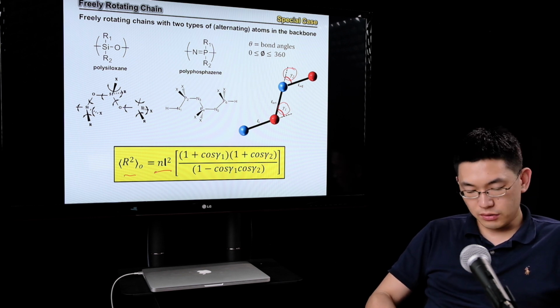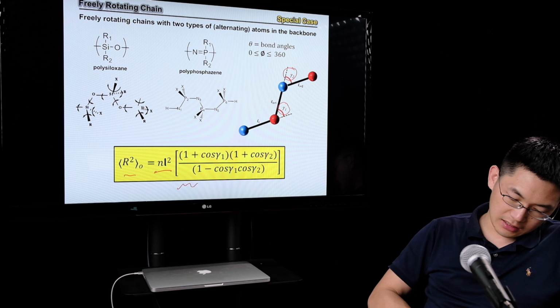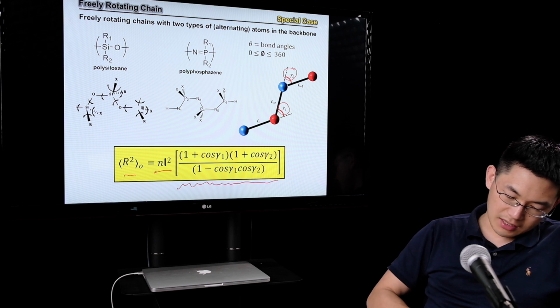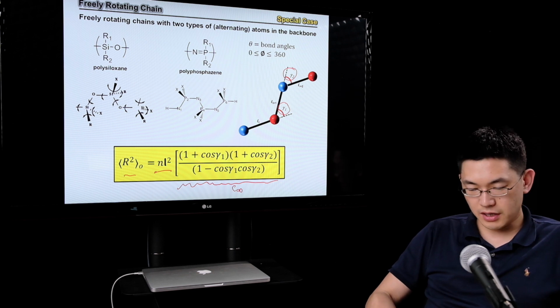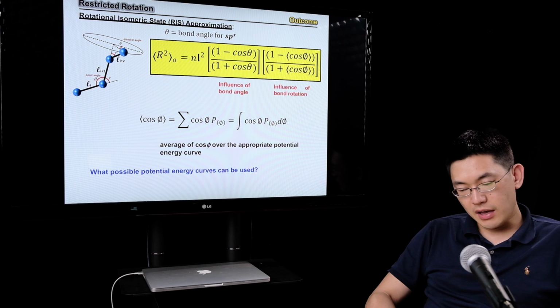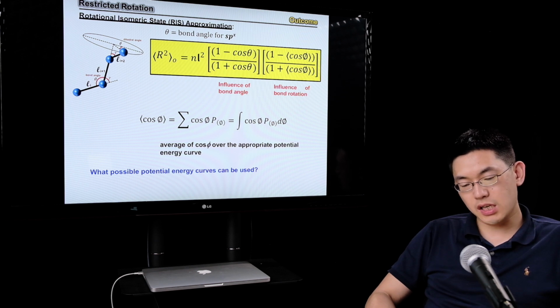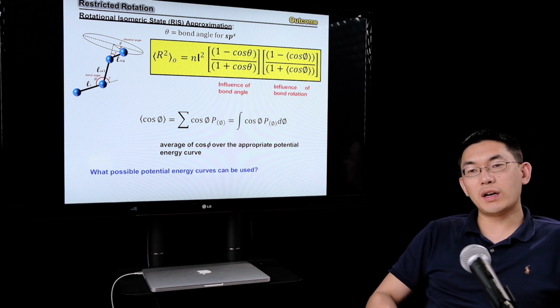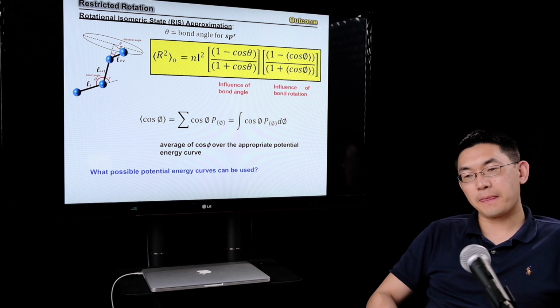And we will come to the conclusion that later we can summarize this term to be a constant called a characteristic ratio, and we will go through that in just a moment. So now we have the time to talk about rotation isomer state. So what is rotation isomer state?